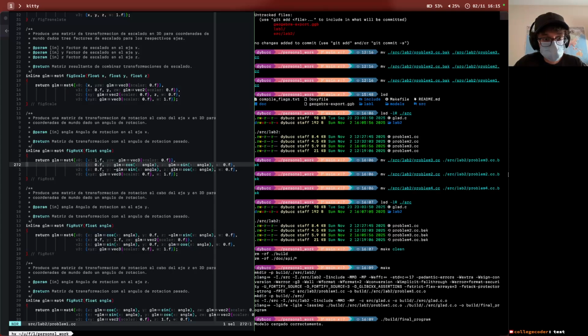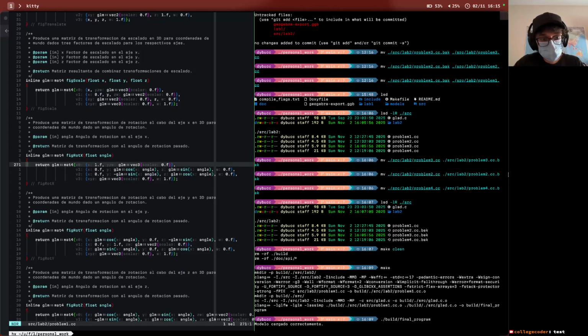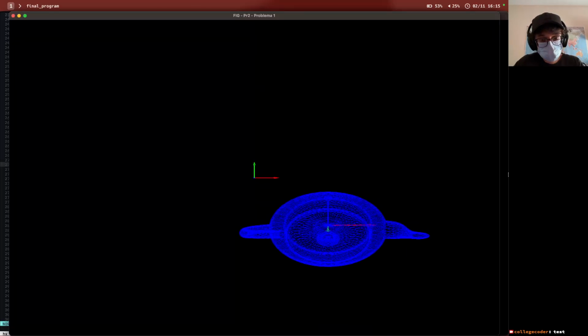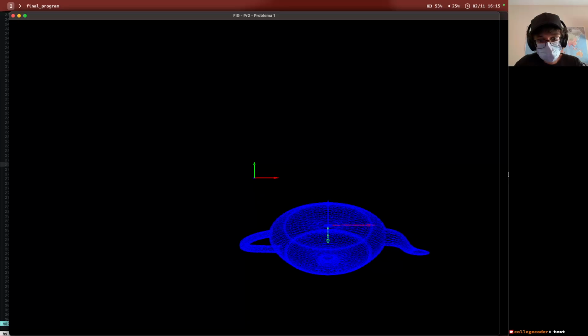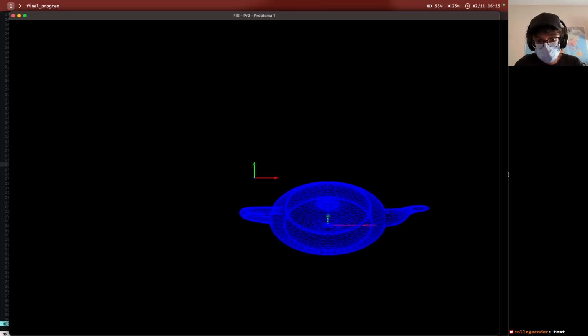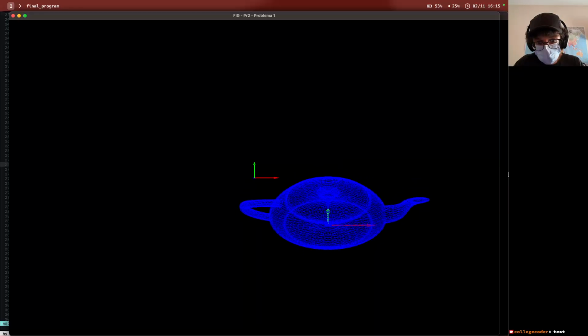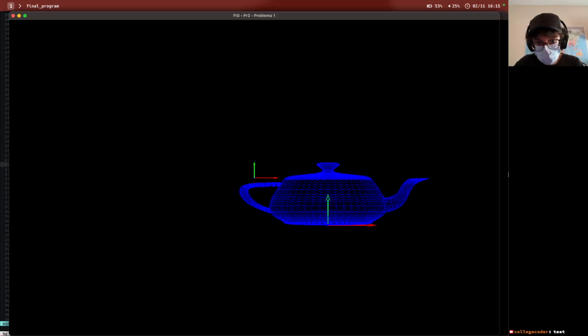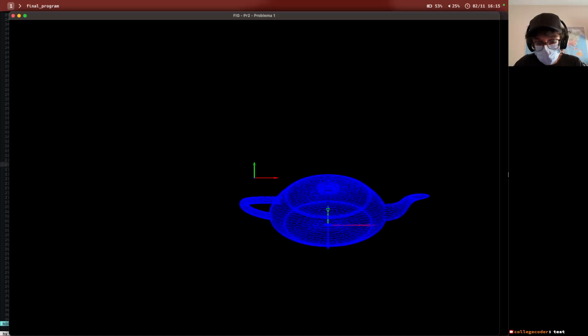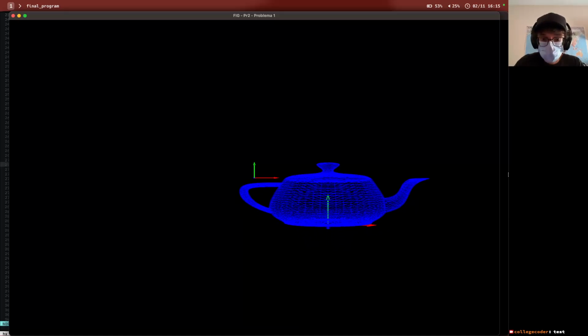So when I perform this, see how we can rotate it this way, but we can't rotate it the other way?